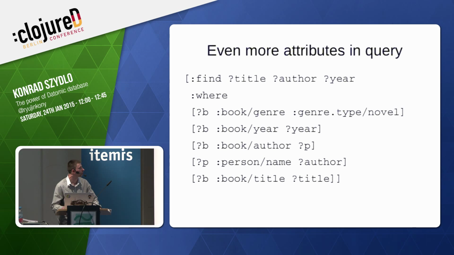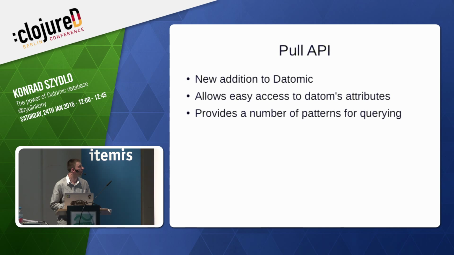Of course, as we can see, if we have a lot of entities, it'd be really difficult to specify in the find clause every single attribute that we want to get. Luckily, Datomic provides the pull API that allows us easy access to datums' attributes by providing a number of patterns for querying.